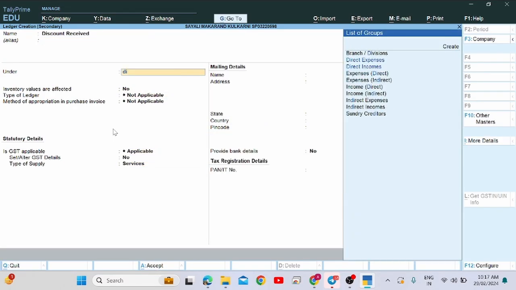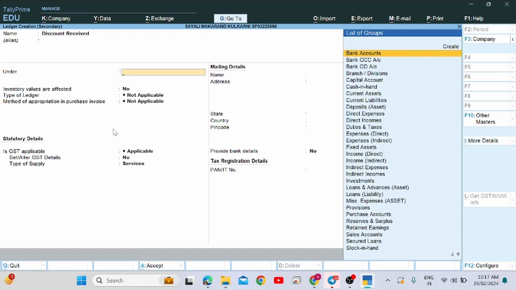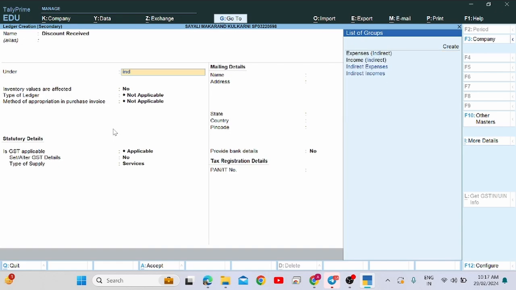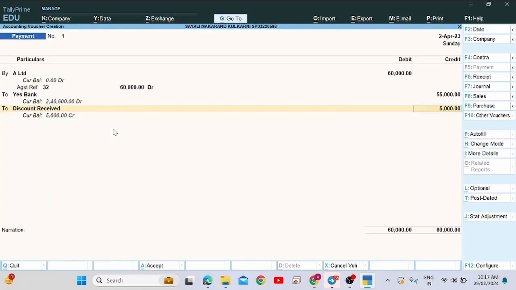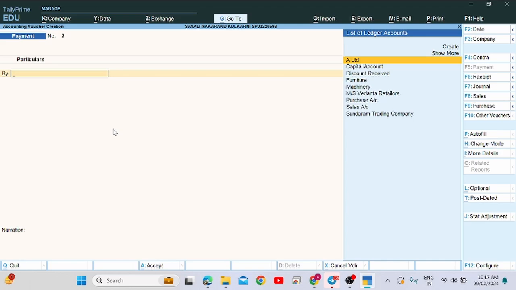Therefore you should select the related group. Where do we write discount received, in the trading or in the profit and loss? We write it in the profit and loss, and everything we write in the profit and loss is your indirect. If it is on the debit side of the profit and loss, then that will become indirect expenses. If it is on the credit side of the profit and loss, then that will become your indirect income. Therefore here indirect income, and all other things no need to change. Accepted, over.